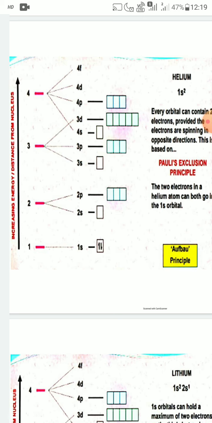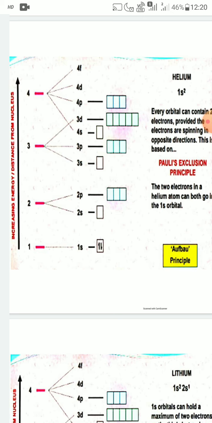Okay, always s orbital can hold maximum 2 electrons, and p orbitals can hold maximum 6 electrons, because in case of p subshell there are total 3 p orbitals, and similarly d subshell can accommodate total 10 electrons, because d subshell contains total 5 d orbitals. Okay, so electronic configuration of helium becomes 1s2.